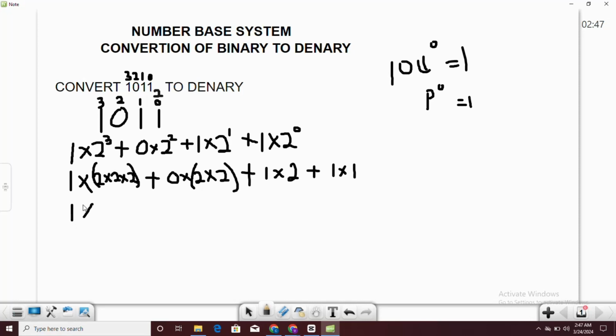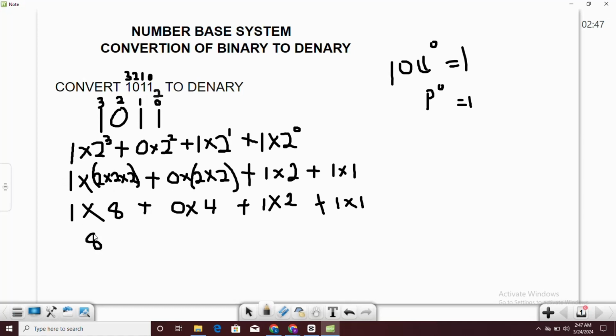So here I'm going to have 1 times 2 times 2 times 2, which is 8, plus 0 times 4, plus 1 times 2, plus 1 times 1. We have simplified this.